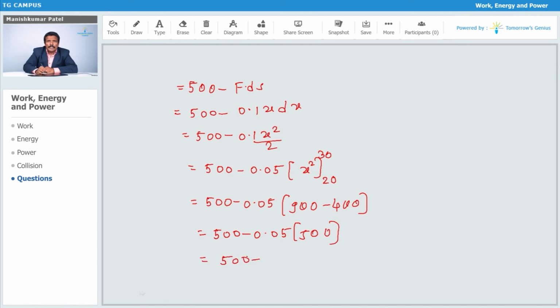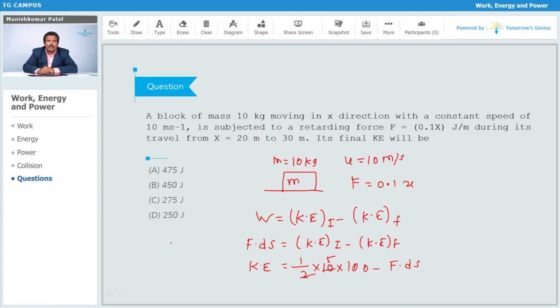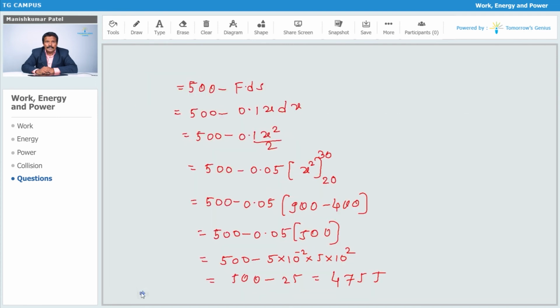This is 500 minus 5 into 10 to the power minus 2 into 5 into 10 to the power 2, so 500 minus 25, which is 475 joule. Definitely option A is correct, where its final kinetic energy is 475 joule.